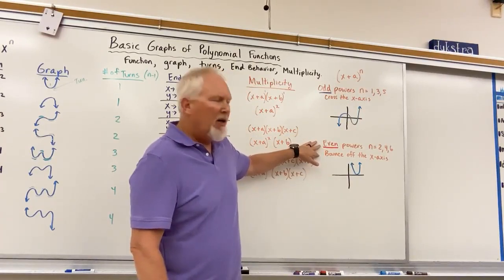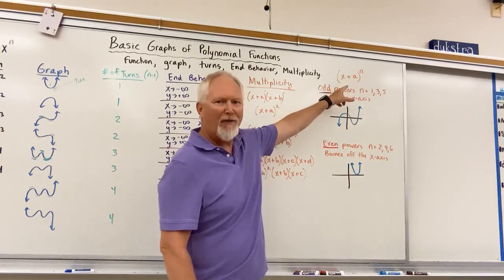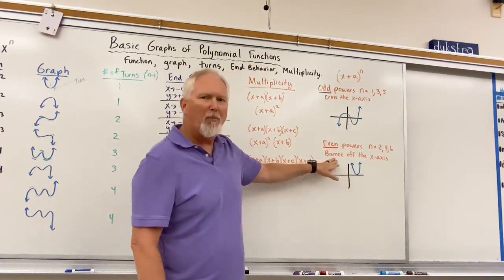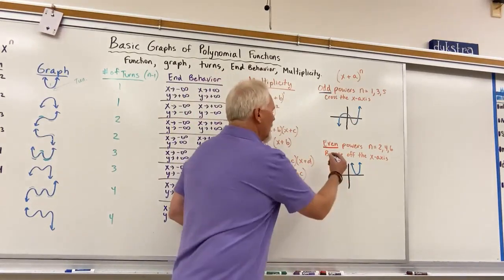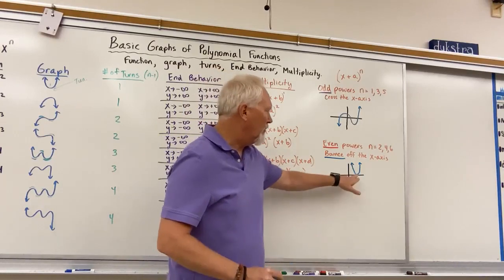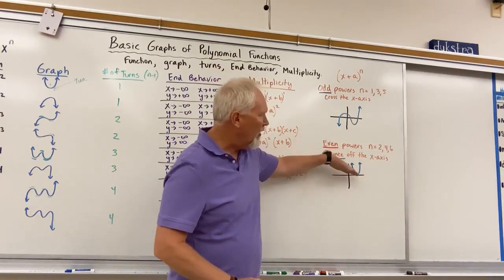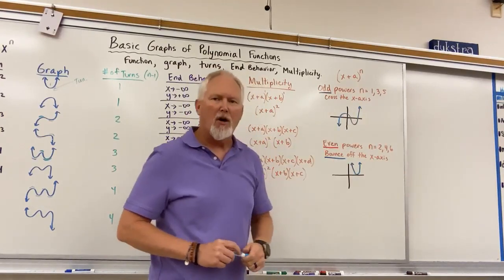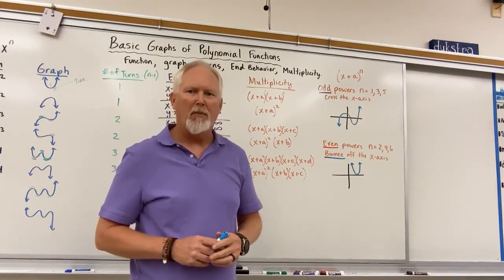Even powers, however, 2, 4, and 6, when they're with a factor, they what we call bounce, okay? They bounce off of the x-axis. So you'll notice here that I've got just a parabola drawn. It came down, and then bounced off. So even powers bounce. So that'll be important to remember.